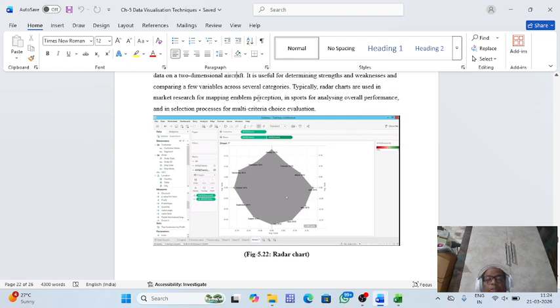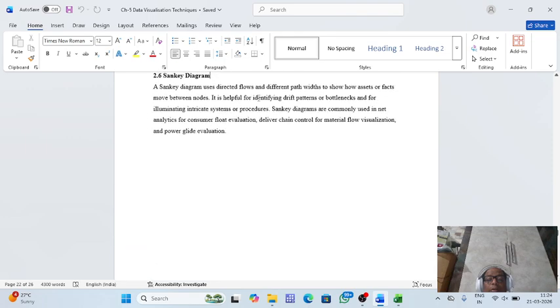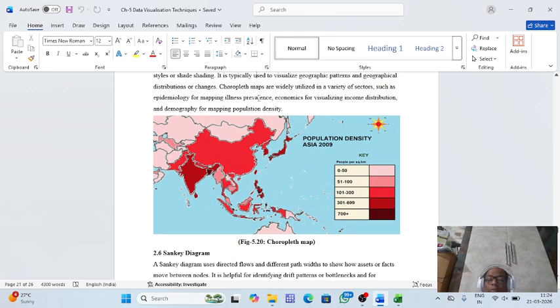This is the radar chart. These charts can be done with the help of Power BI and Tableau. These are very beautifully organized charts, and they are going to be learned in the following classes.